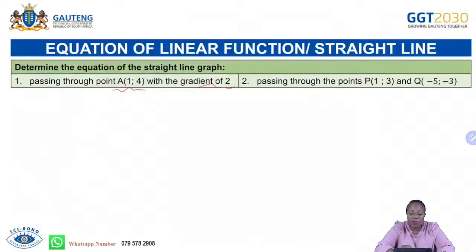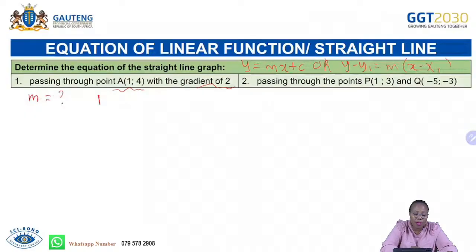Remember, the original equation of a straight line is y equals mx plus c, or you can use y minus y1 equal to m into x minus x1. So basically, grade 12, in order to find the equation of a straight line, you must have a gradient and a point on the graph.